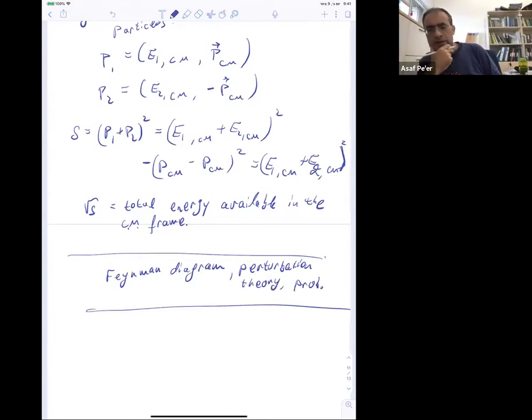So the main issue to realize is that for every physical process that we want to calculate, Feynman diagrams are essentially a calculation tool.